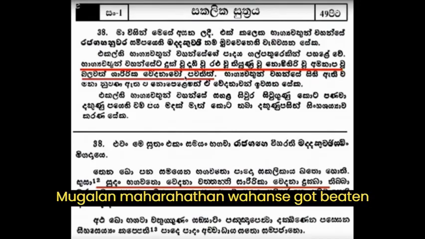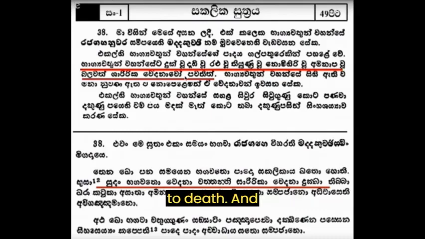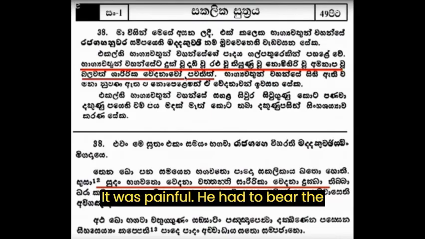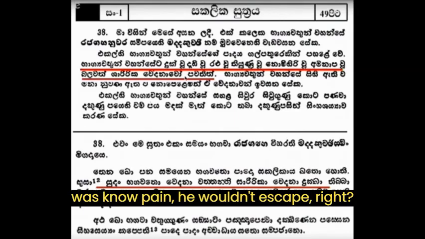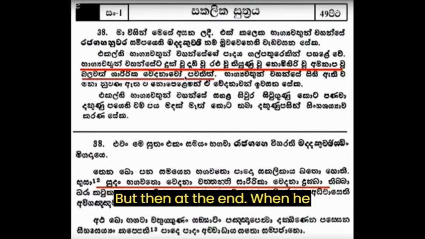Mugalan Maharahatan Wahanse got beaten to death, and it was painful. He had to bear the pain. He tried to escape a couple of times. Then he realized, because it was painful is why he escaped. If there was no pain, he wouldn't escape, right? But then at the end, when he looked, he saw, okay, this is what happened.